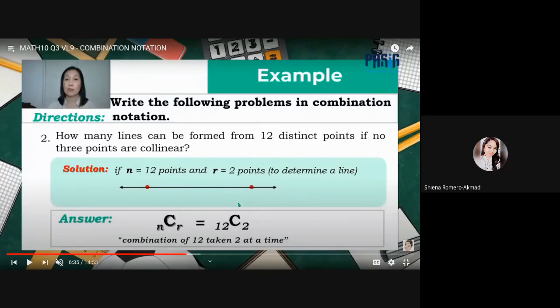Why? Because N will be the number of points that we have and R will be 2 points. Bakit 2 points? Because a line is determined by 2 points. Remember, for you to form a line, dapat meron kang 2 points. Okay, so dito, pag ganitong problem, meaning the N will be the number of distinct points and the R will be 2.